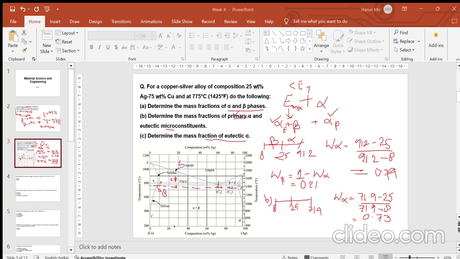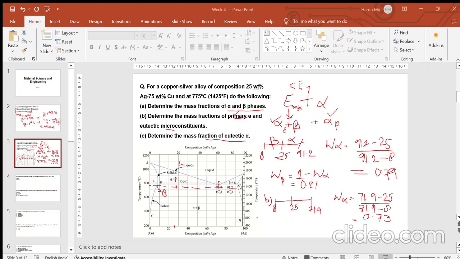Ma'am, we have total mass fraction of alpha from part 1 as 0.79. I subtract 0.73, which we got in the part B. Right. So you understand that you have alpha coming from two regions, one from the eutectic mixture and one coming from your primary alpha, right? So you are asked to calculate only the eutectic alpha. So what you do, you take the total alpha.